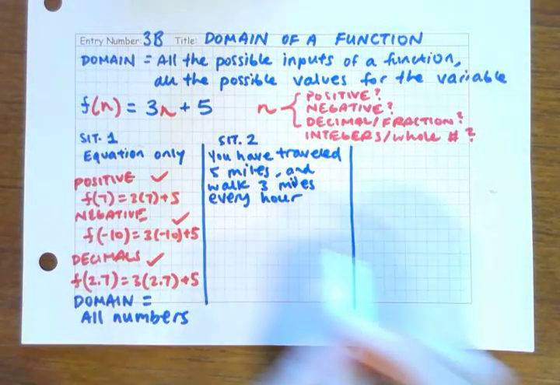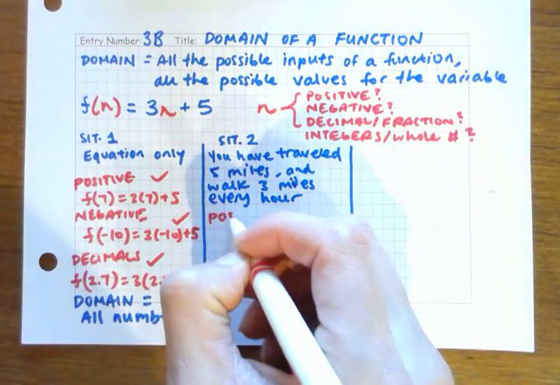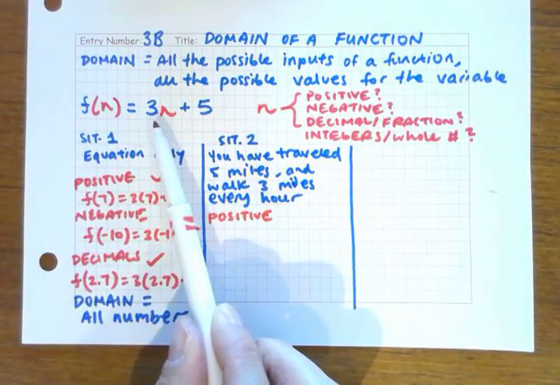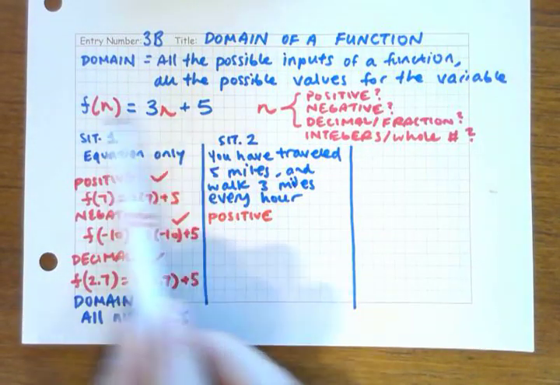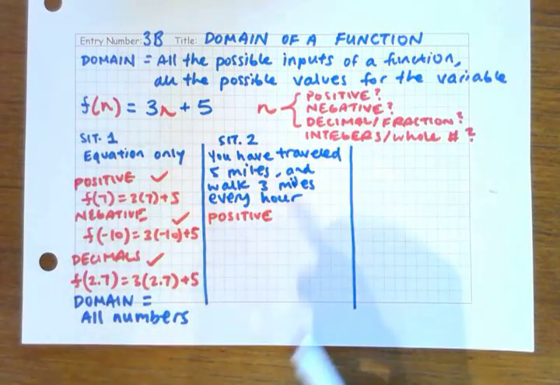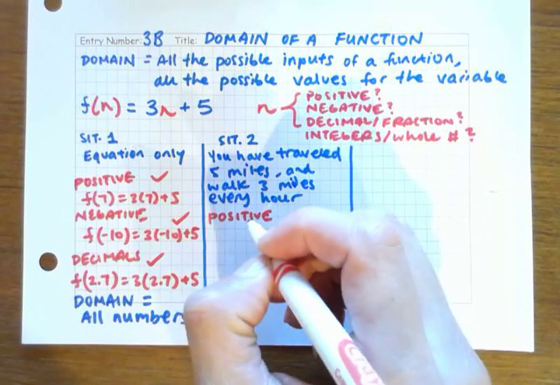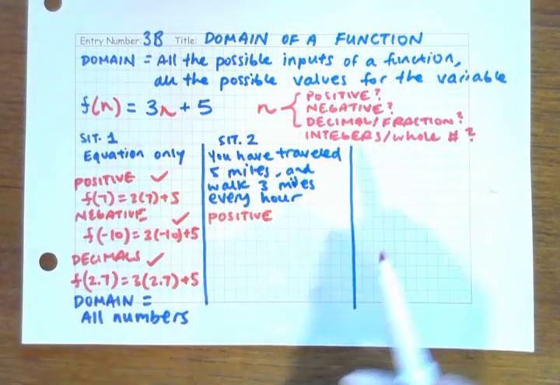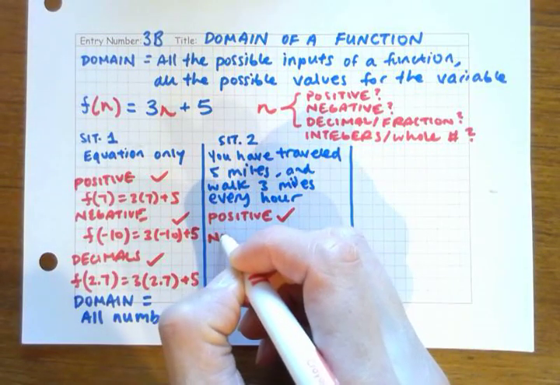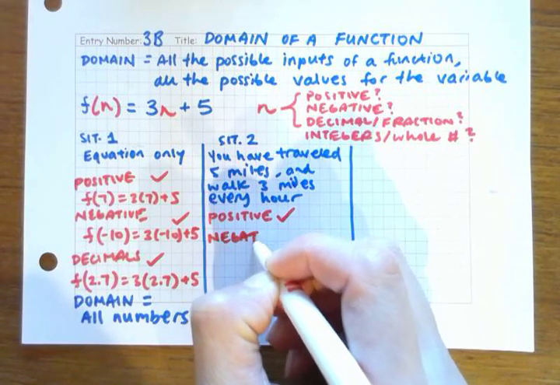So if we do the same kind of thinking, well, if this is our function, and this represents how many miles we traveled, and n is going to be the number of hours, you can have positive numbers, right? Because positive hours. Now, can we have a negative value for n?